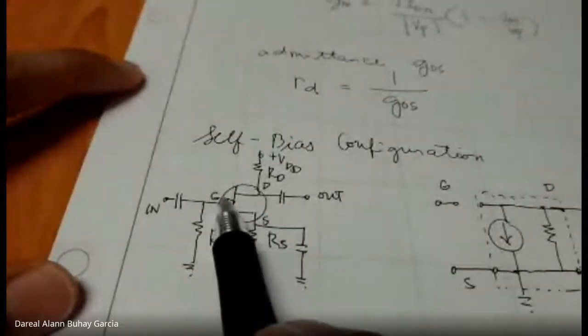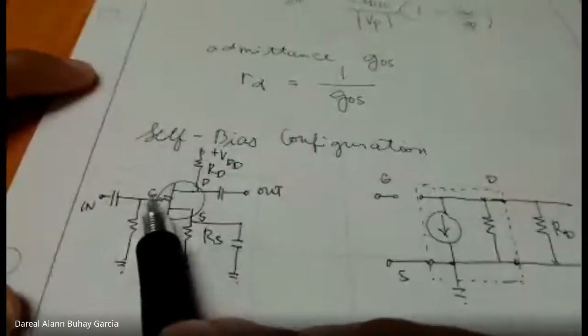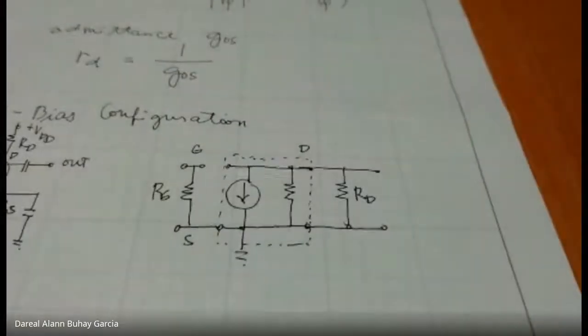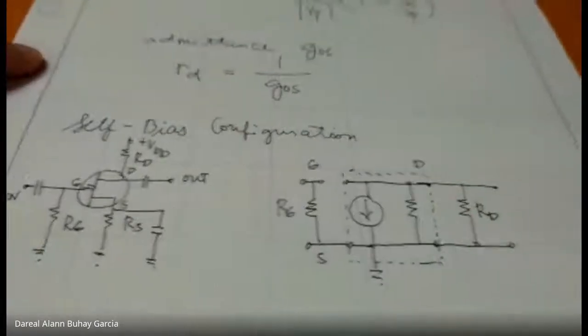So there is a resistor here, RD. RS disappears. RG is connected from the gate to the ground. And that's it. That is our equivalent circuit for the self-bias configuration.